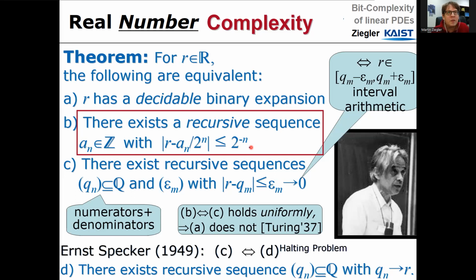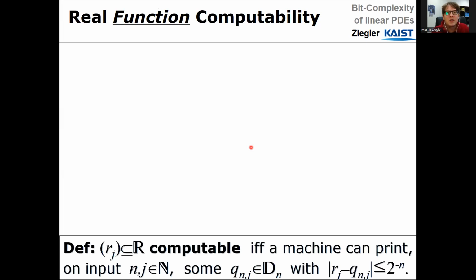And now we move on to talk about real functions. First, computability, and second, complexity. But before that, let me catch up on generalizing computability and complexity from single real numbers to real sequences. What you see here is a sequence of real numbers with index j, and our definition says that the machine must be able to output a double sequence of dyadic approximations that approximate the jth real entry in this real sequence up to error 2 to the minus n.